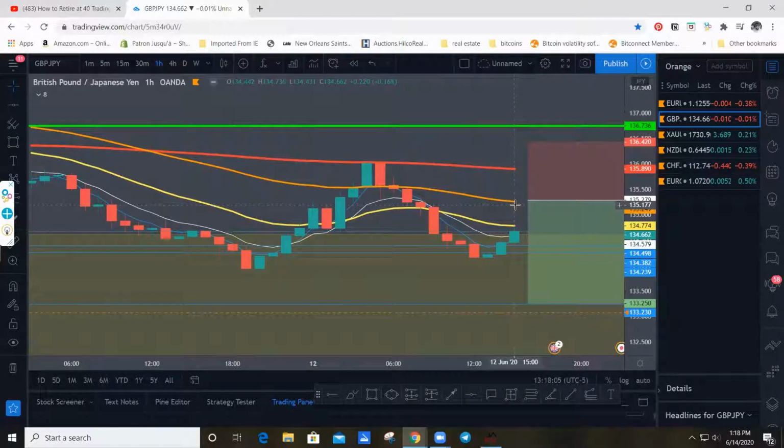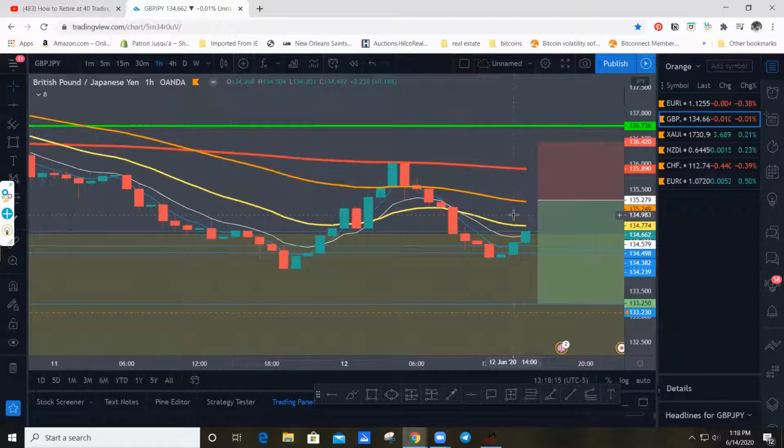That's why I say I wait and look at it on a 15-minute and let it either break the 200 and retest it, take the buy, or let it resist the 200 and then take the sell back to the downside.